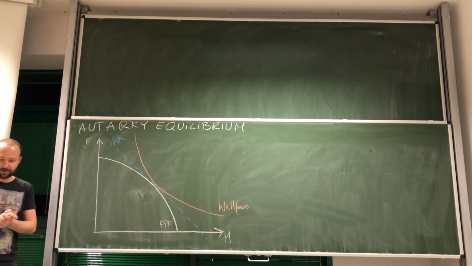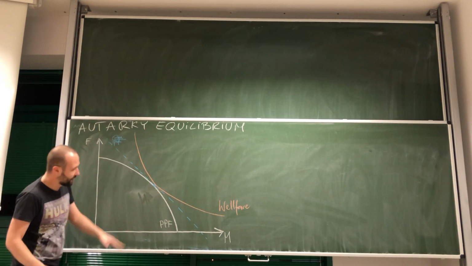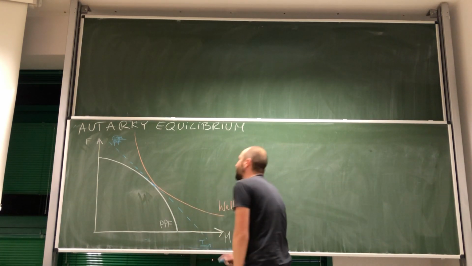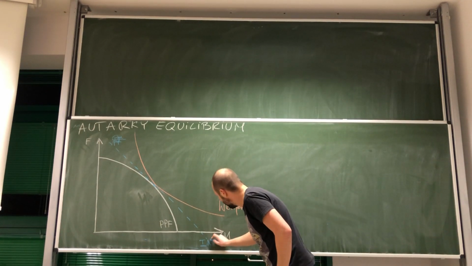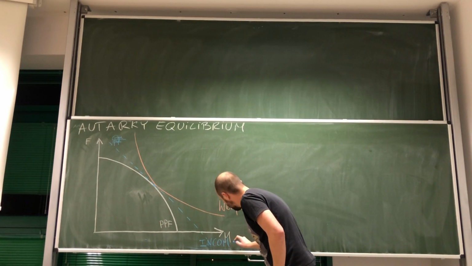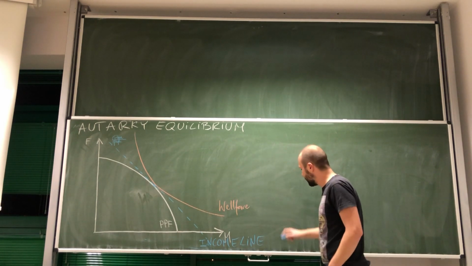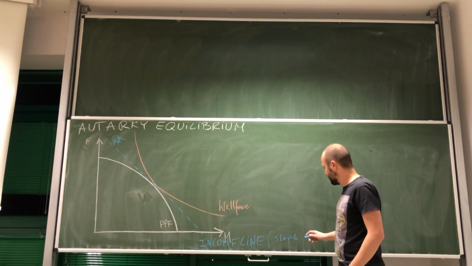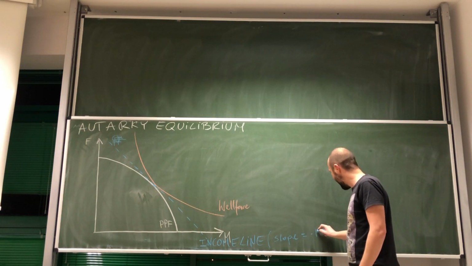And look, what we've got here, of course, the blue line is our income line, right? Because we can take it from the consumer's choice problem. And this income line has a slope, as we said, equal to negative PM over PF.